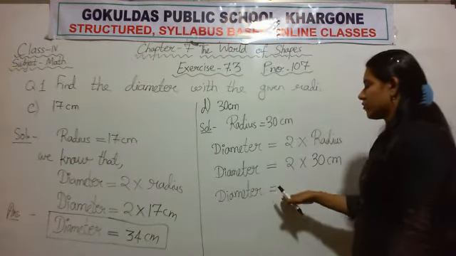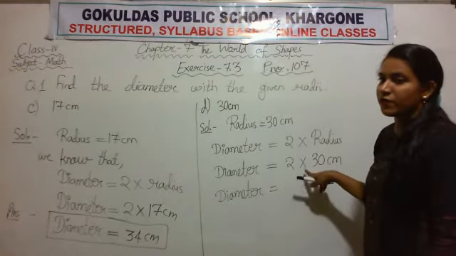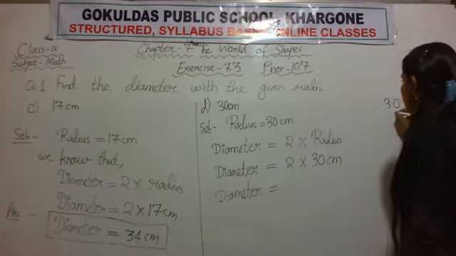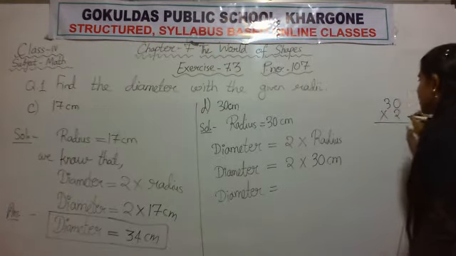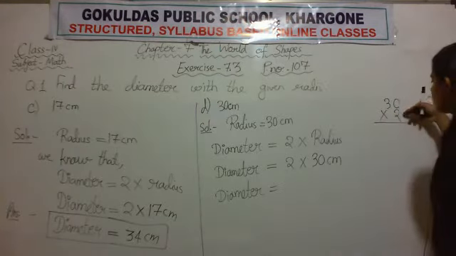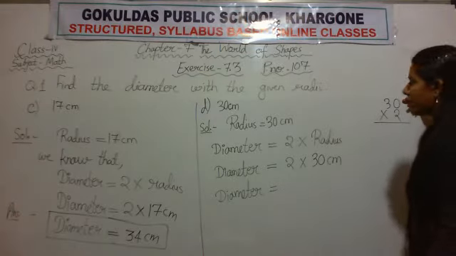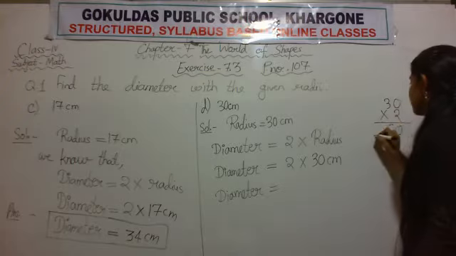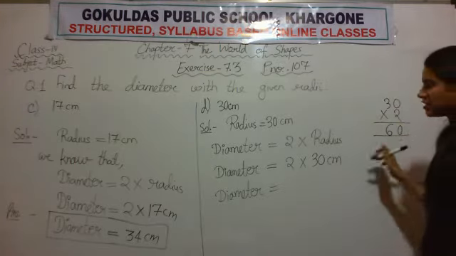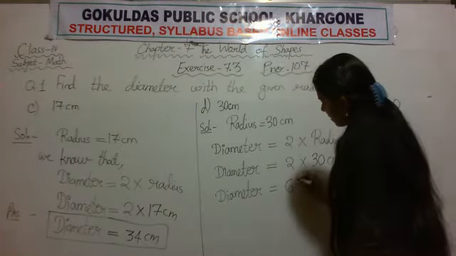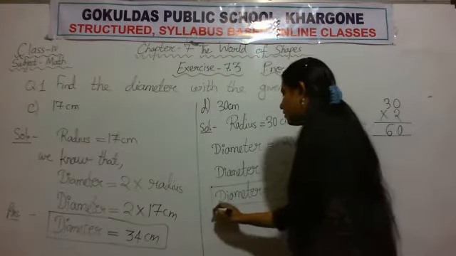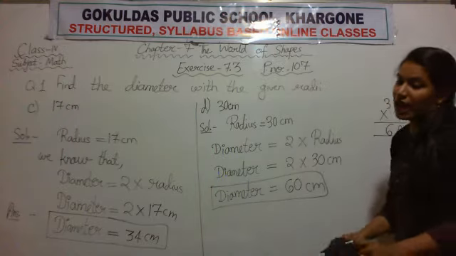Now in the next step we will solve it. 2 multiply 30. So arrange both the numbers column wise and multiply them. 2 into 0 is 0, 2 into 3 is 6. We got 60 centimeter. Diameter is 60 centimeter.